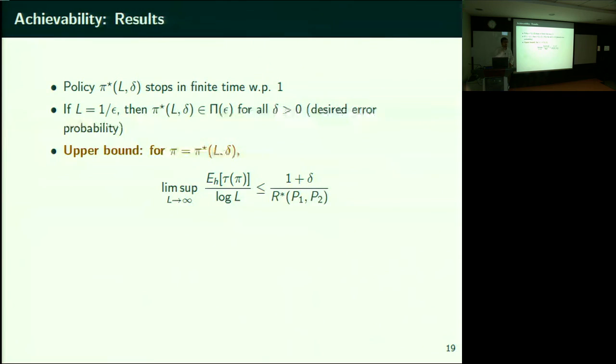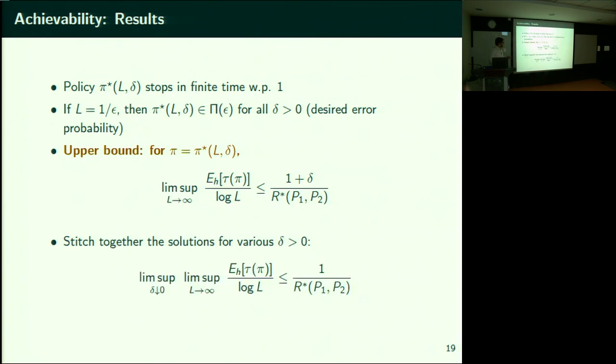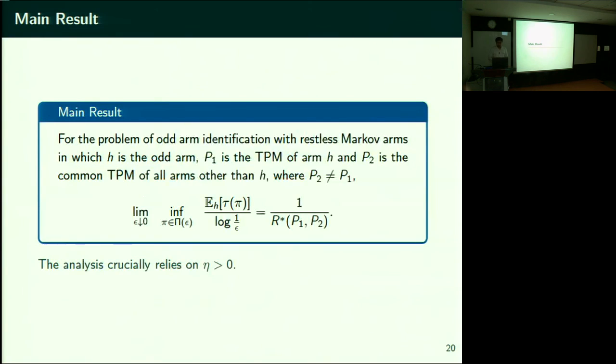And then you can set your parameter L to achieve the desired probability of error. So this policy also has that feature. Delta is arbitrary, and then through a sequence you can always approach that lower bound. Okay, so this is the main result. This is what we intended to capture, and that constant is precisely 1 by R star, the one that I showed you.